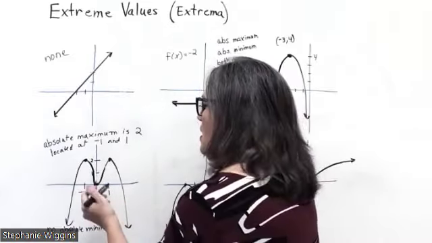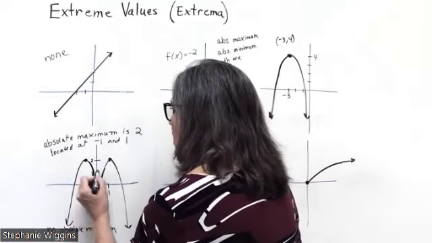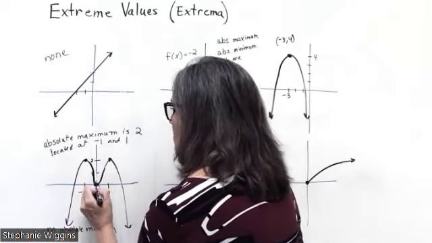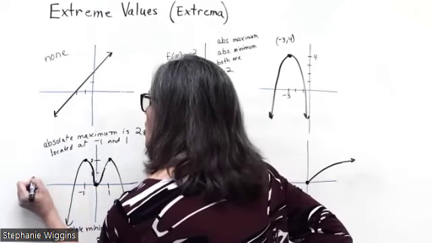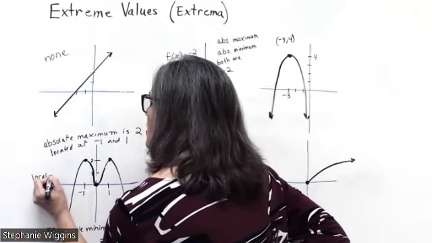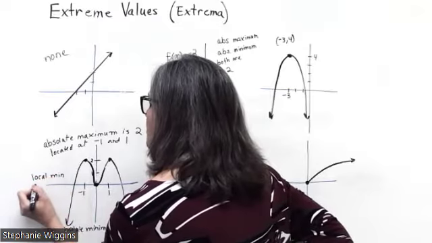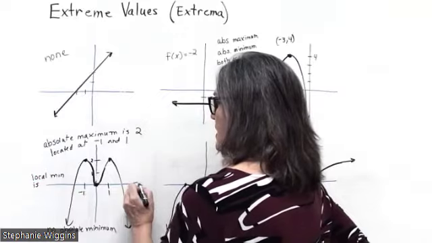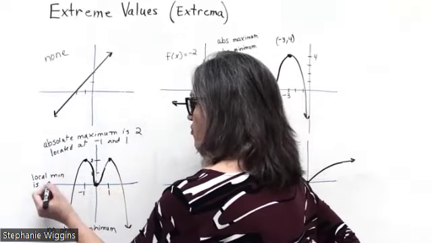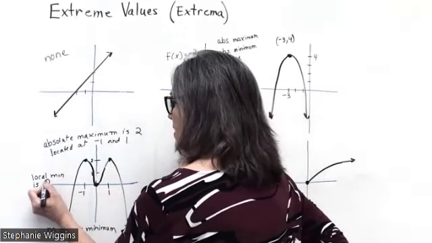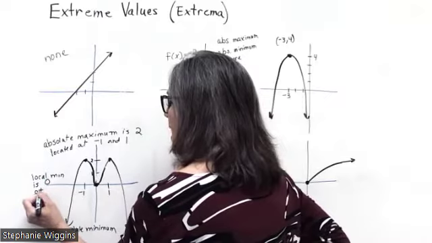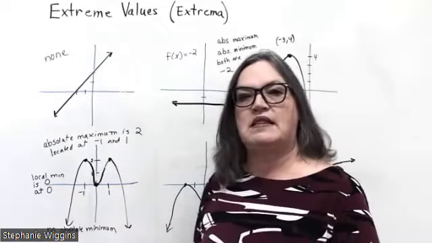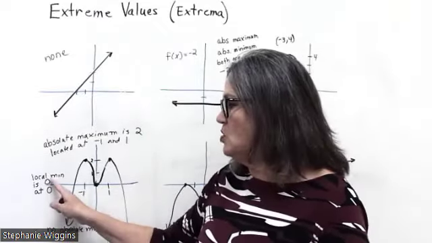In other words, if you just focus on this locality here, this point would be the lowest around that point. So the local minimum value is 0 because it's sitting on the x-axis, and the height is y equals 0. So the local minimum value is 0, and it occurs at 0. So it's at the origin. This is the x and this is the y.